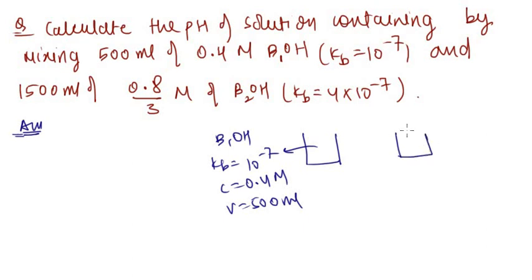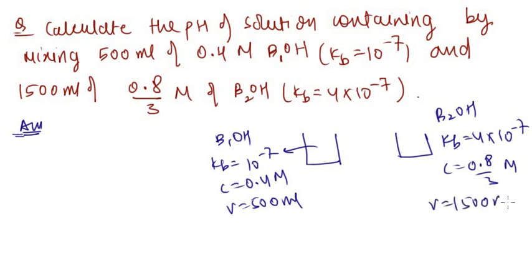Now we are mixing it with another base, B2OH, whose Kb is 4 into 10 to the power minus 7, concentration is 0.8 by 3 molar, and volume is 1500 ml.